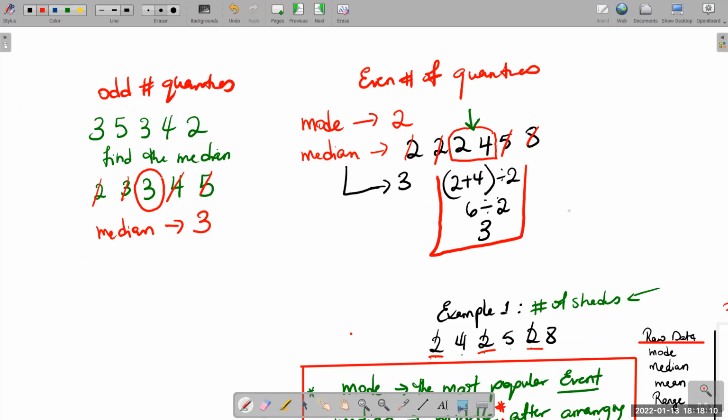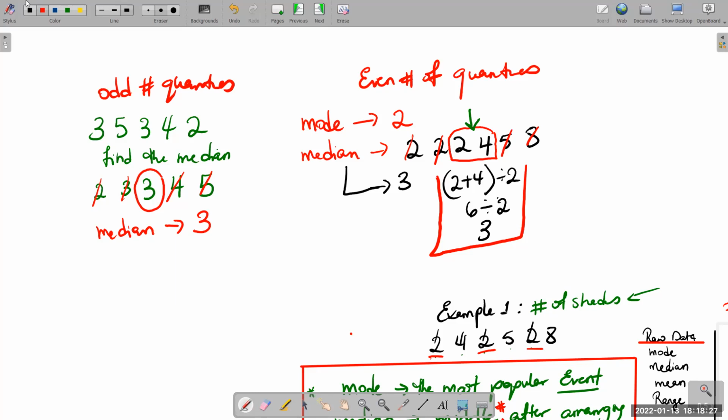Copy down these examples quickly, and then we're going to move on to mean. Even though we already learned how to do the mean, we're going to go through it so that we can lock down our understanding of the 3 terms. So let me know when y'all finish.